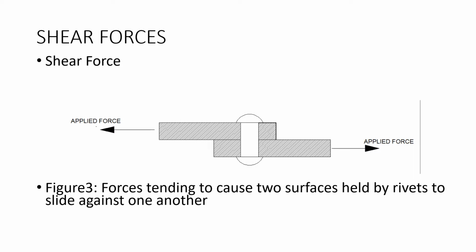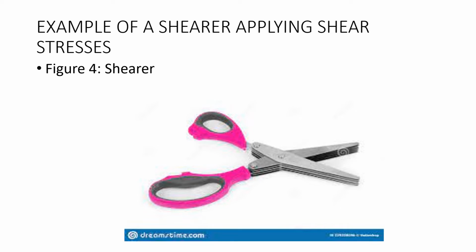For example, they can cause shear forces on two objects and cause them to slide against one another. And you can see that the two members are connected by a rivet, so the forces tend to tear apart the rivet, as you can see. So this is an example of a shearer.